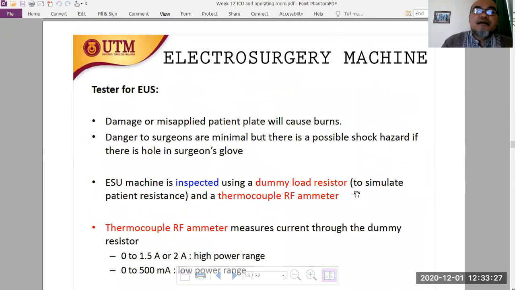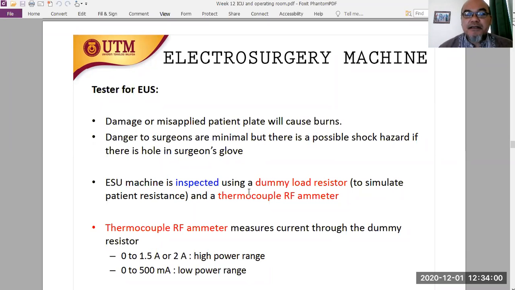Okay. To test electrosurgery machines: a damaged or misapplied patient plate will cause burns. Danger to the surgeons is minimal, but there is a possible shock hazard if there is a hole in the surgeon's glove, because it is an electrode. So if your glove has a hole, the electrons may jump to your skin and create some electrical shock.